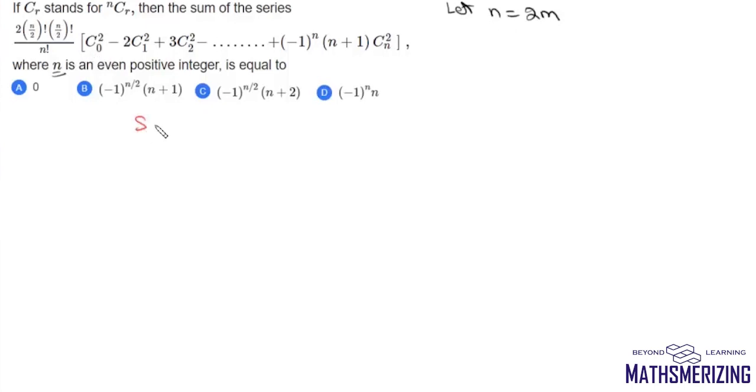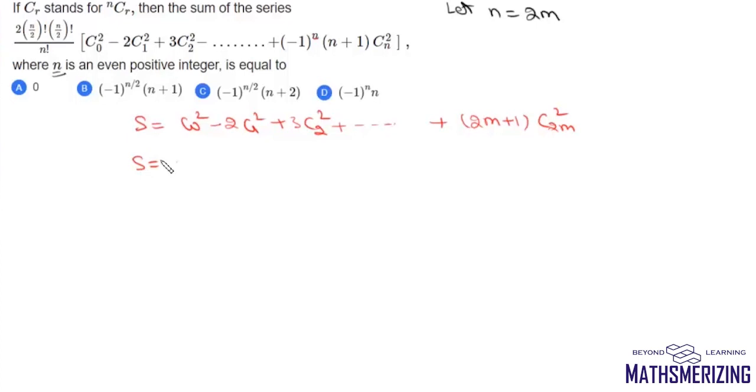We'll write the series S as C0 square minus 2C1 square plus 3C2 square, and this series will continue. Now since n is 2m here, it'll be plus sign, and then it'll be (2m + 1) into C2m square.